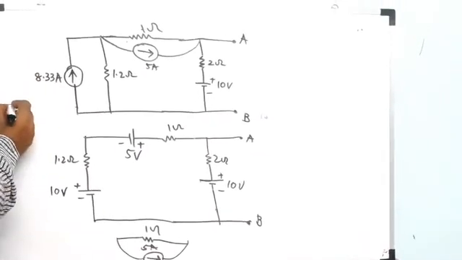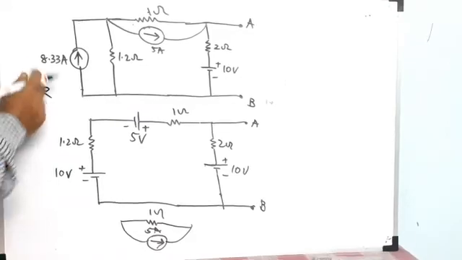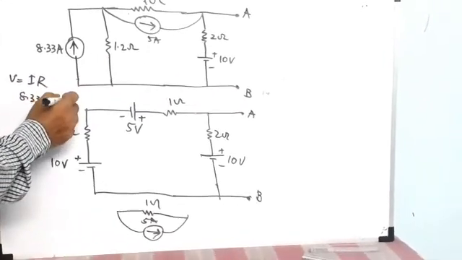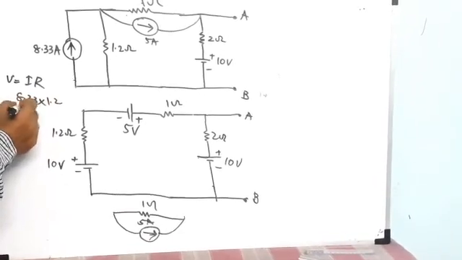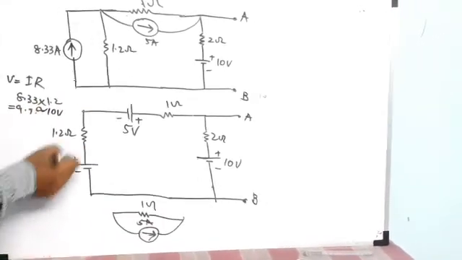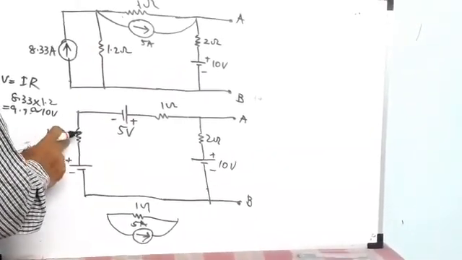So V is equal to I into R. So current is how much? 8.33 into 1.2, 9.99 something. So approximately I have taken 10 volts. So 10 volts, and now the resistance is 1.2.